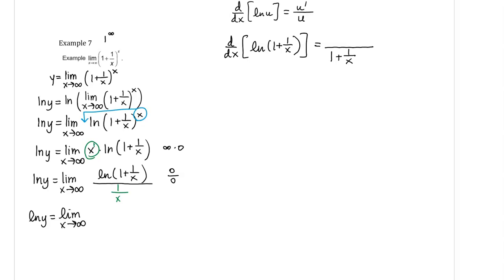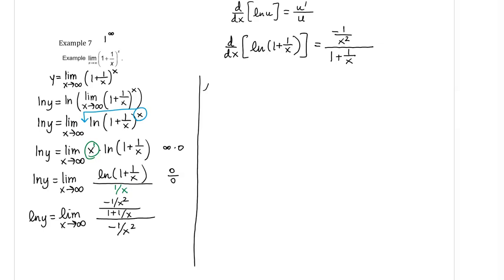And the numerator will be negative 1 over x squared, since I took the derivative of 1 plus 1 over x. So I know what's going to be going in our numerator. And then in the denominator, we'll need to take the derivative of 1 over x, and the derivative of 1 over x is negative 1 over x squared.